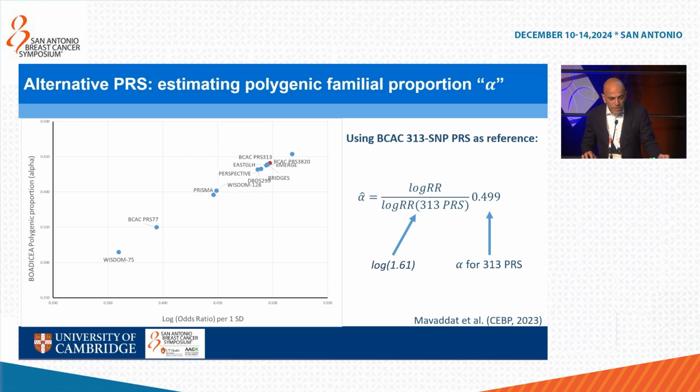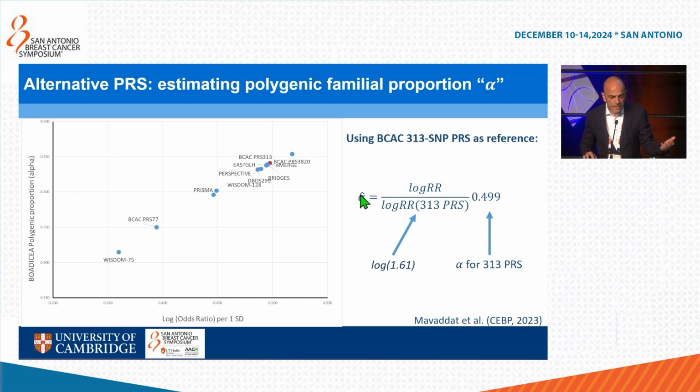So our models allow for alternative polygenic scores to be included in the model as long as we define the proportion of the familial polygenic component that is explained by the polygenic score, this proportion alpha here. This ensures that there's no double counting of the effect of family history and the polygenic score, and ensures that the models remain internally consistent, unlike some other models.